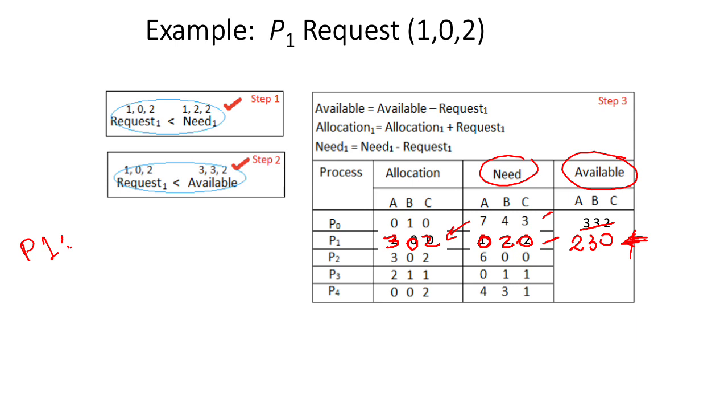So then if this is done, then we will end up with the current resources plus 320 that was held and released by P1 when it's done, and therefore the current available resources are 5, 3, 2.